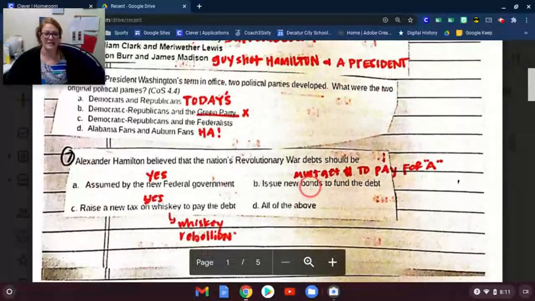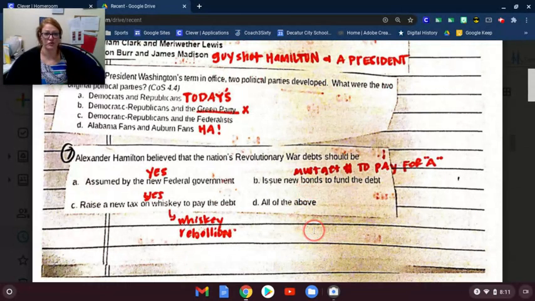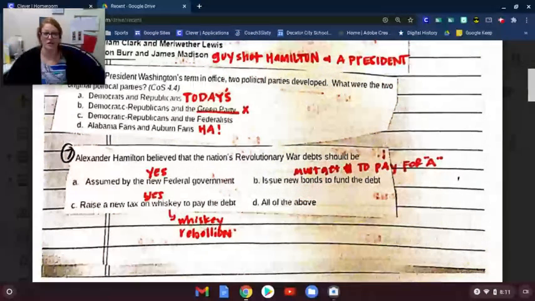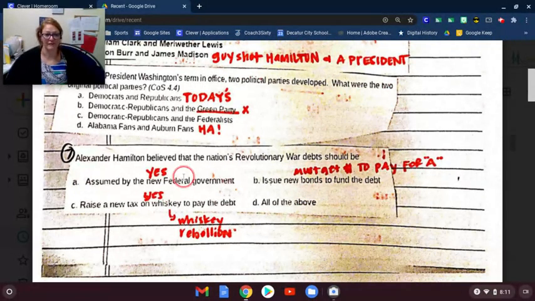Alexander Hamilton believed that the nation's Revolutionary War debts should be assumed by the federal government. Remember, that was his whole point in that. He wanted America to become a nation that is known for paying its debts. So he doesn't want to trust all the individual people to pay their debts. He wants to take it on himself.